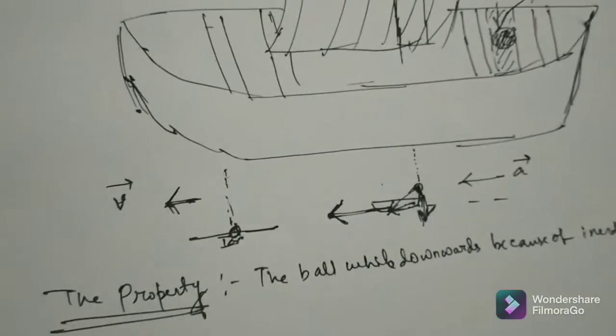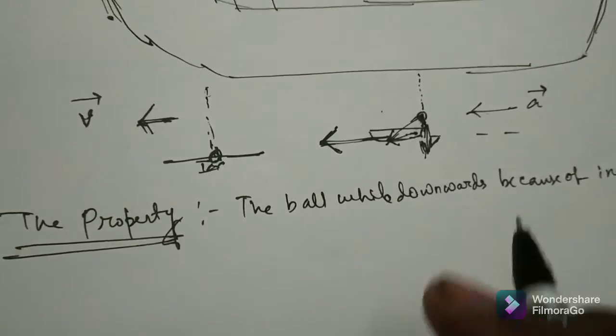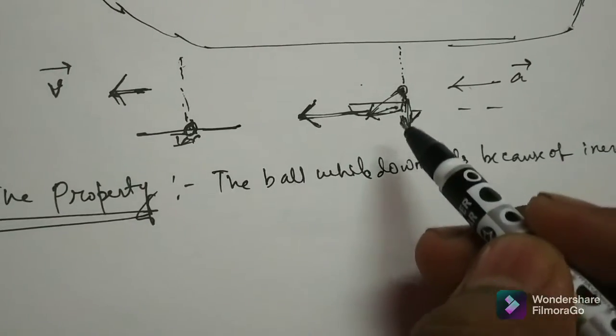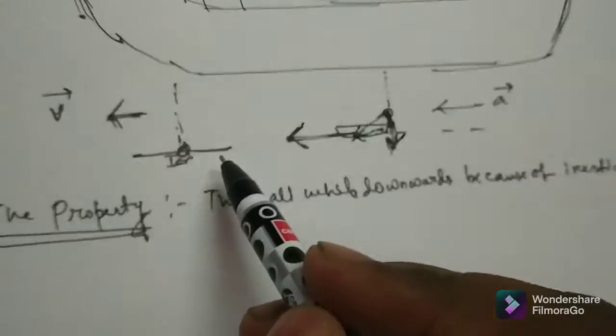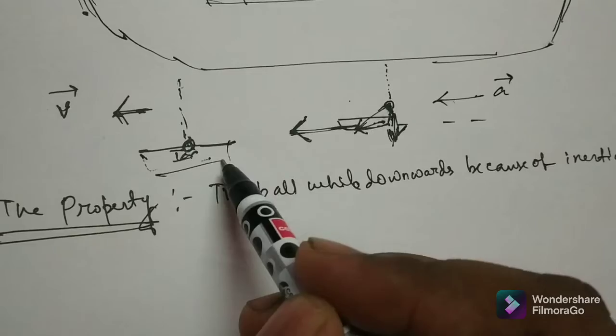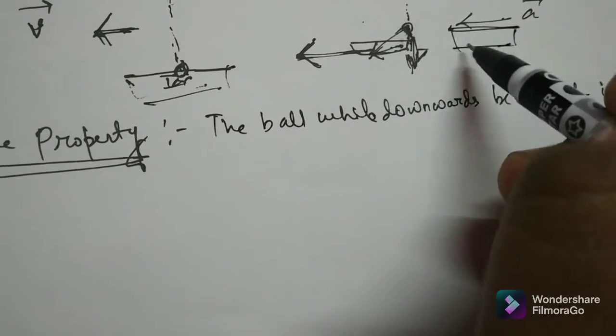That means the inertia of the body is such a property that it always goes against external forces. So an external force was on the system of the boat, which caused the boat to accelerate.